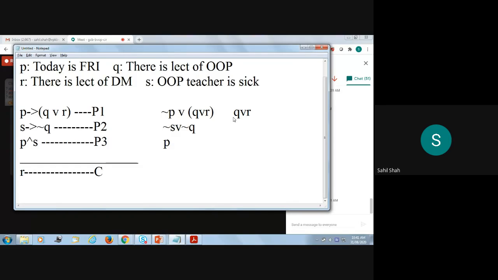It says negation of S or negation of Q. I will say it is S, for making it simpler, nothing else. Further to this, check out if we can place this in any of the laws. Can we place P, Q or R?